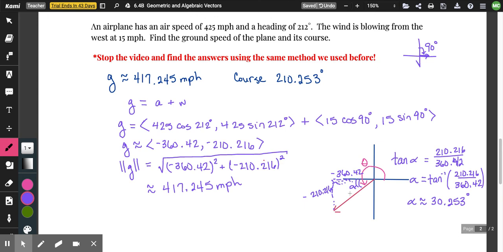Now that's just that angle alpha. That's the one that's inside the triangle there. I need theta, which is from the positive x-axis all the way over there. So that would be alpha plus 180 degrees. So my theta, my course, would be 180 degrees plus that alpha that we just found. So when I do that, I would get 210.253 degrees, just like we did when we did it geometrically and using the law of cosines.